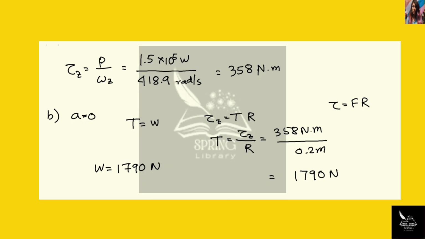Now for part C, we need to figure out the constant velocity. Since the velocity is constant and there is no slipping, we can set V equal to r times omega.